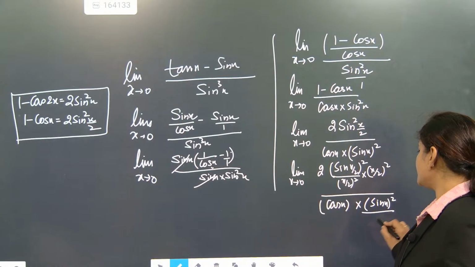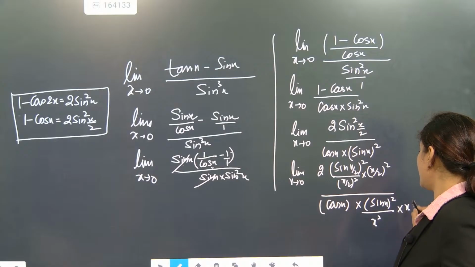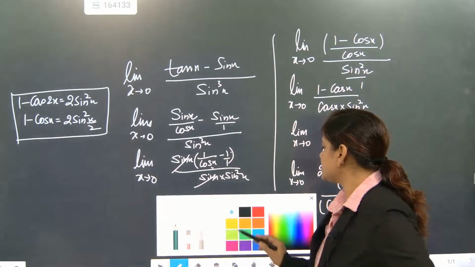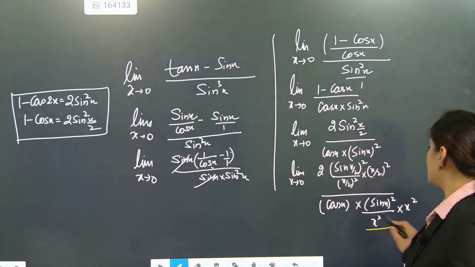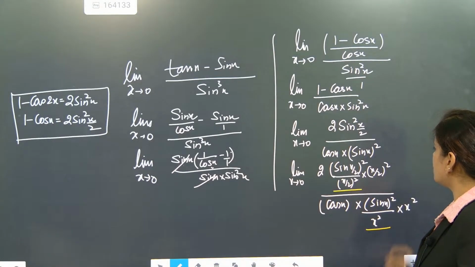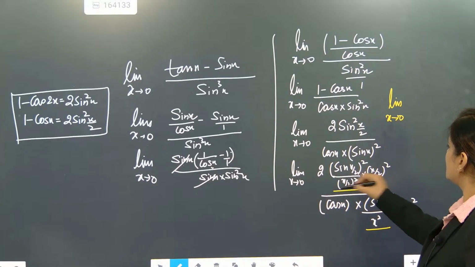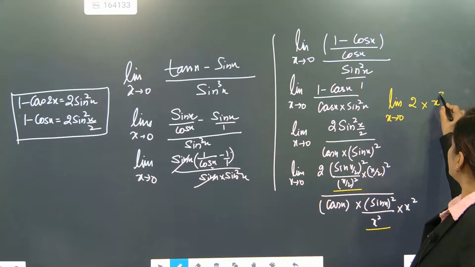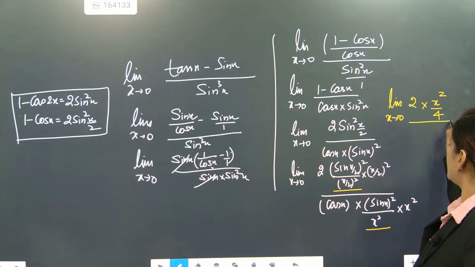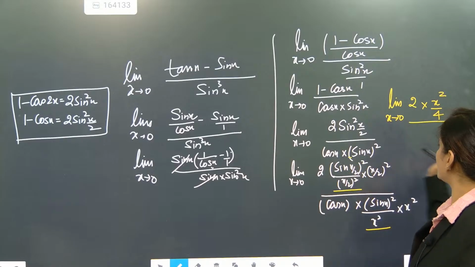So to fulfill x whole square, we need to multiply and divide. Now this section will come as 1, this section will come as 1. So it is coming as limit x tends to 0, into x square by 4. This section is 1, so we are going to cancel this.